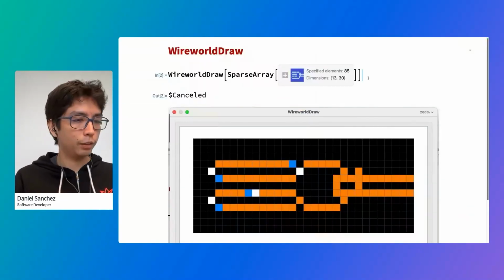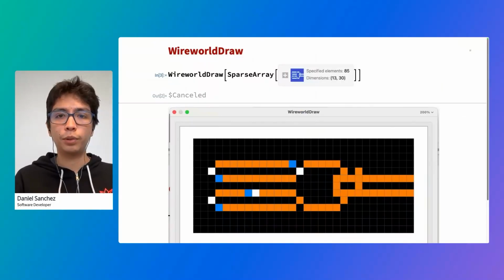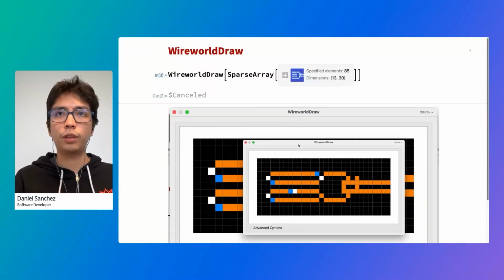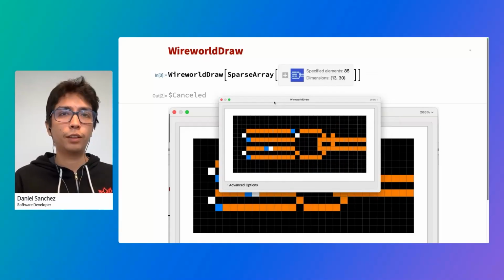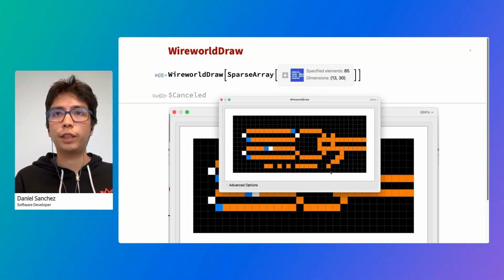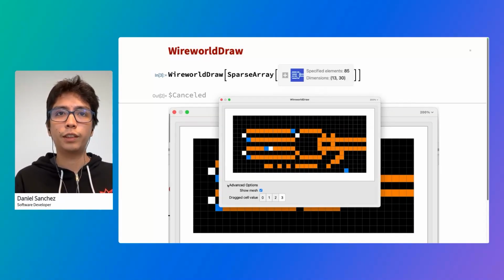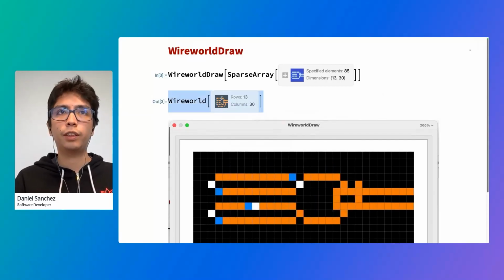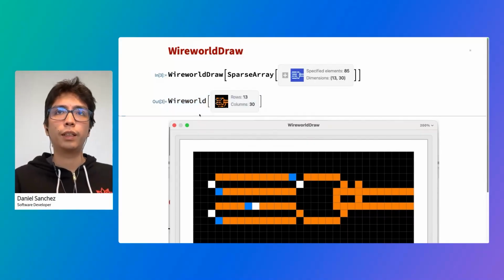One cool thing, which I used the most, was WireworldDraw, which I got inspired by the MoleculeDraw that we have in Mathematica, in which you can draw states. If you click, you can cycle through cell states. You can do some nice stuff here, like set which cell you want to drag, etc. And if you press shift return, you get the state, and now you can play around with that.